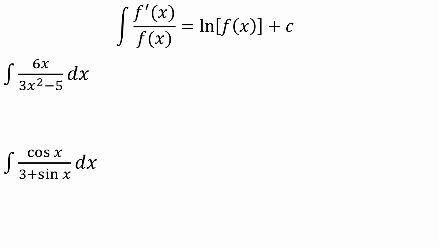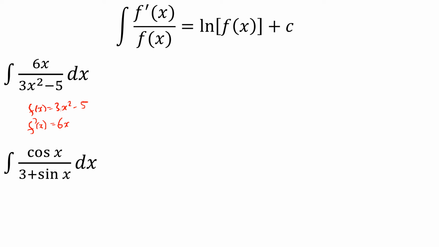So let's have a look at some basic applications here. Whenever you have to integrate a fraction, just have a look to see if the top and the bottom differentiate into each other. So what could we say here? Well, if f(x) was equal to 3x squared minus 5, which is what's on the bottom of this fraction, then the differential of that would be 6x.